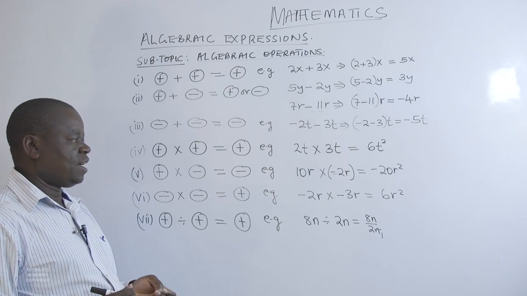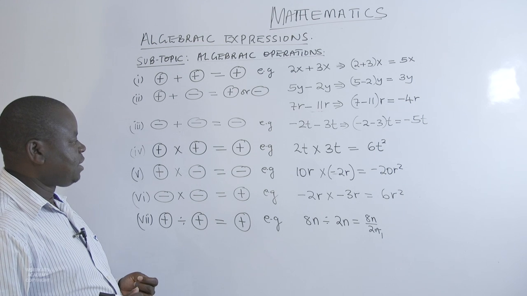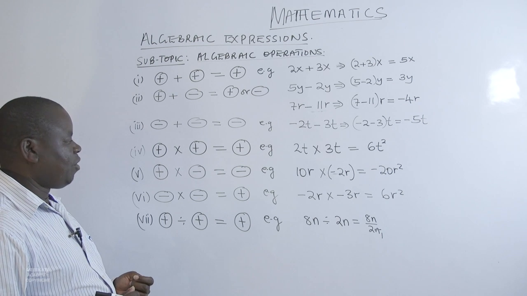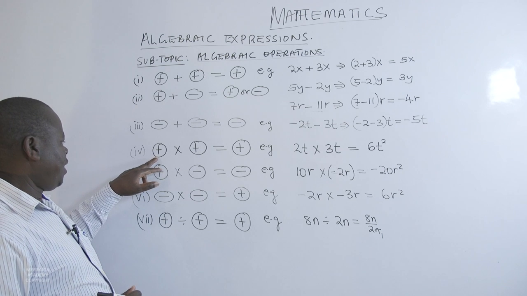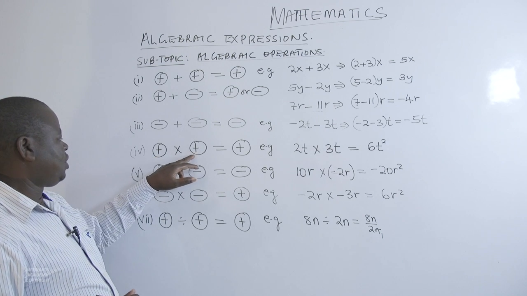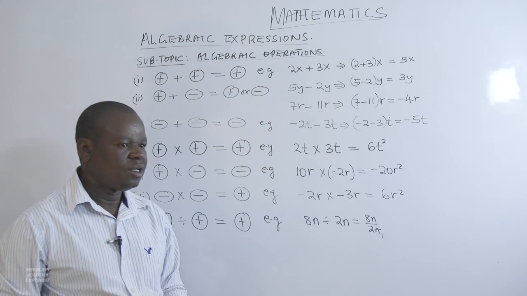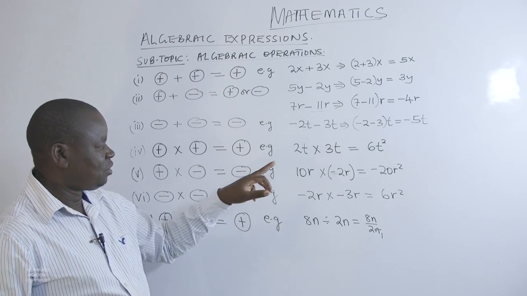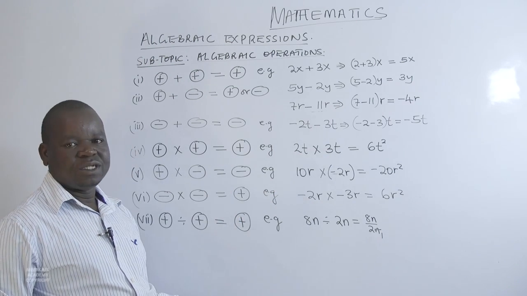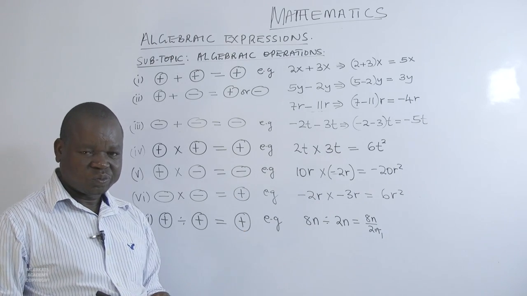Now let's look at the operation on algebra by way of multiplication. Here we have positive times positive. The result we get is positive. We have given an example here: positive 2t multiplied by positive 3t.